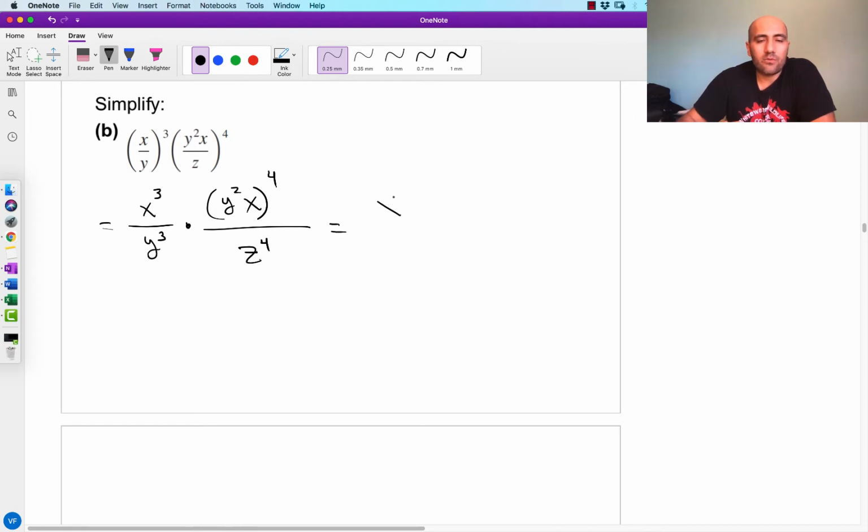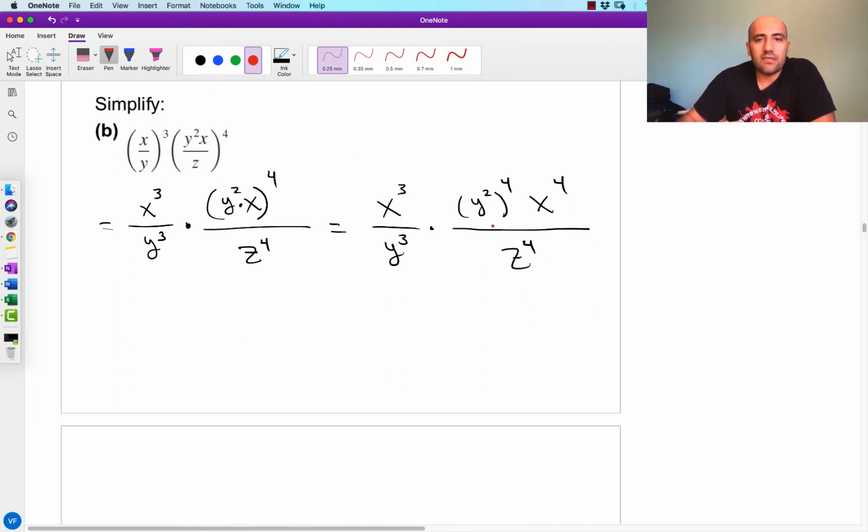And then this will be equal to x to the third power over y to the third power times y squared raised to the fourth power x to the fourth power, right? Sort of a distribution. Notice that these are being multiplied, so I'm allowed to do that. And in the denominator, we have this z to the fourth power.